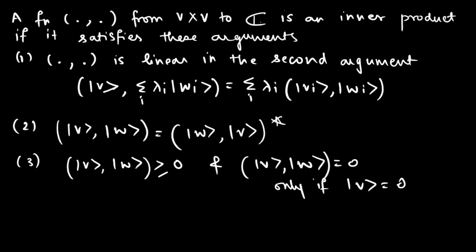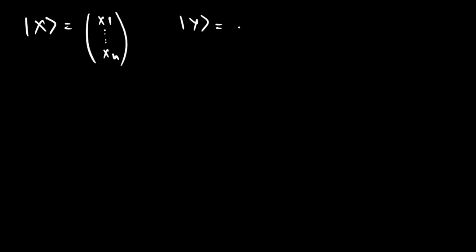Now let's see a working example of inner product in standard notation. Let's take a vector x given by a column matrix x1 till xn and another ket y given by column matrix y1 till yn.